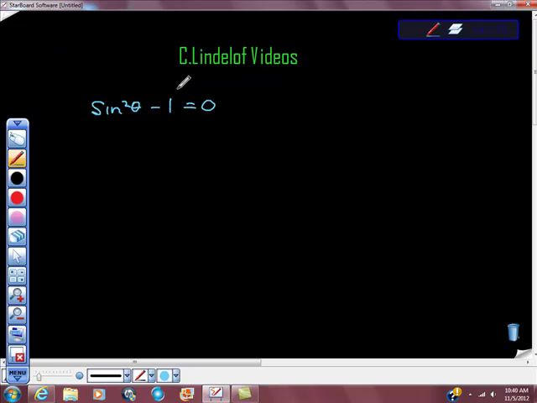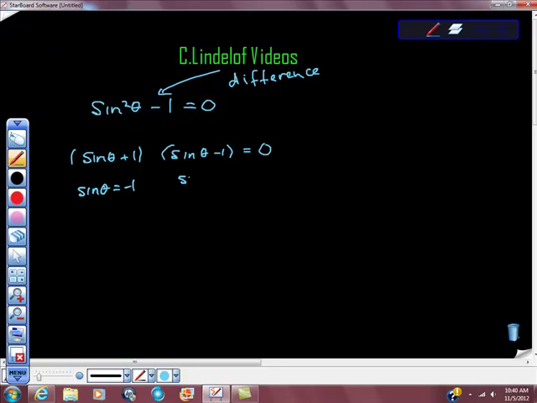What I'm hoping now is that you recognize this as a difference of squares. Algebraically, the difference of squares gives us sine theta plus 1 times sine theta minus 1 equals 0. I'm going to solve this, and we get sine theta equals negative 1, sine theta equals 1.